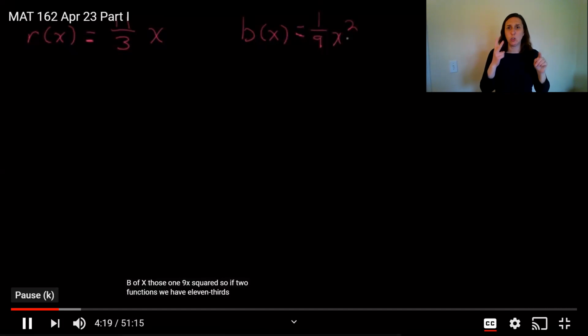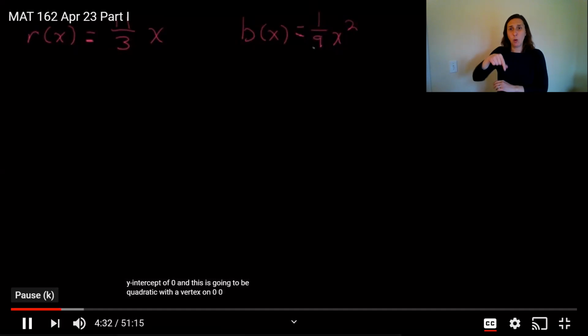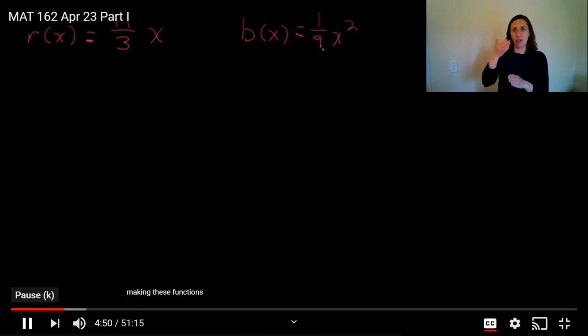We have r of x equals 11/3 x, which I'm hoping now you can appreciate is going to be linear with a slope of 11/3 and a y-intercept of 0. And b of x is going to be quadratic with a vertex at 0, 0, but it's going to be very wide because of the 1/9 in front of it. And we can look at ways of making these functions work together.